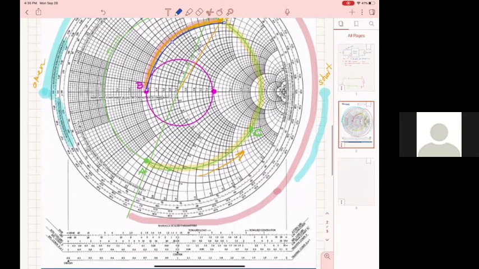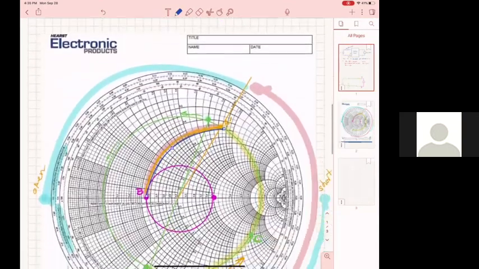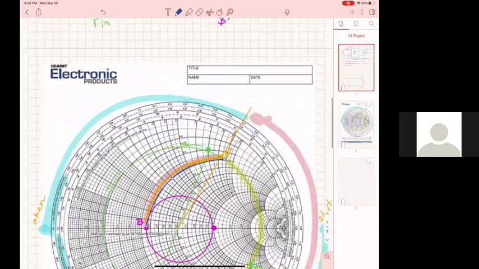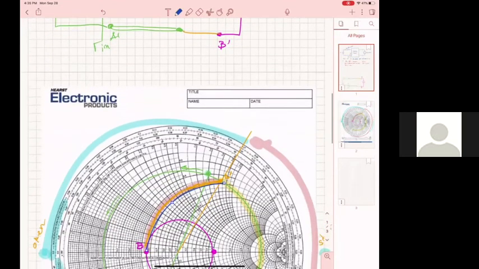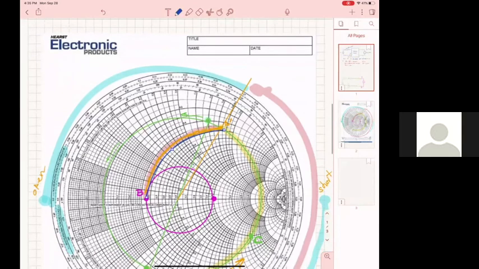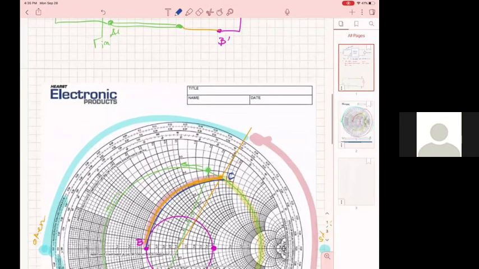Because if it's shunt, you add. When you move from point A prime to B, I called it A prime, but I should probably call it something else, so we are not getting confused. Let me call that point C, all right?